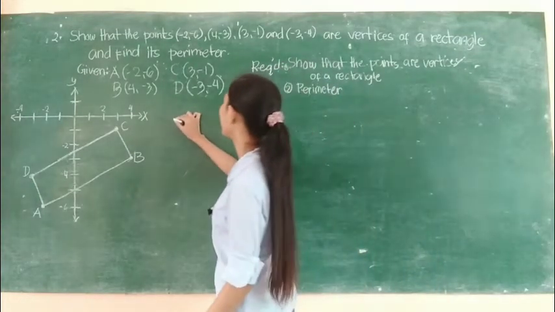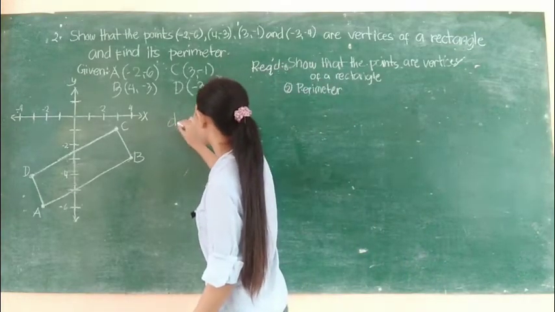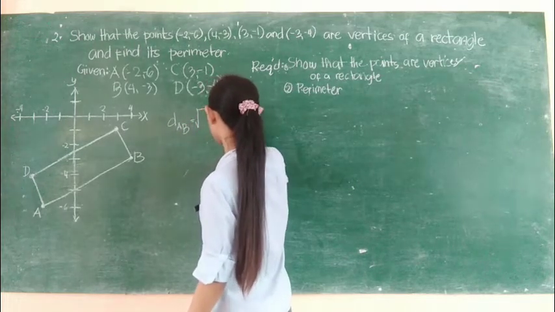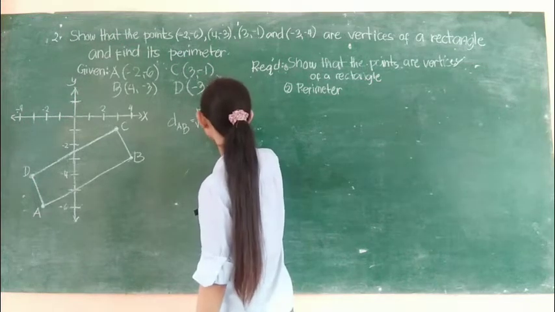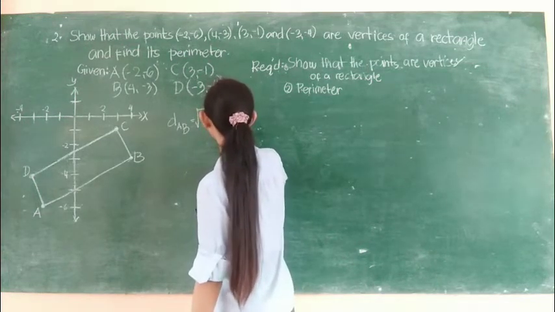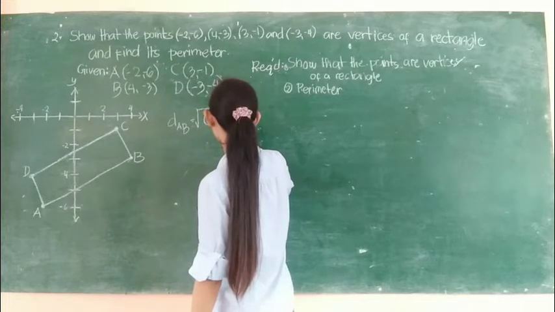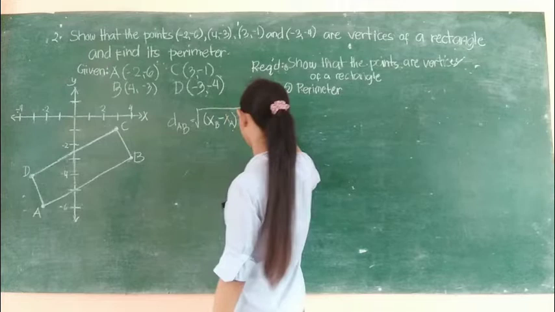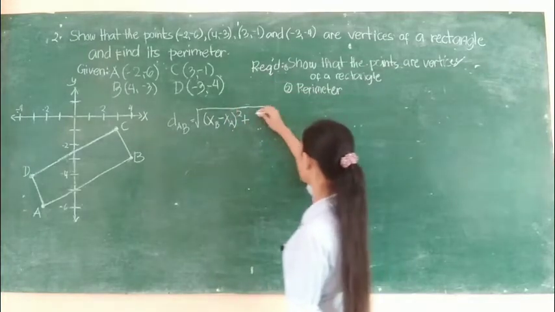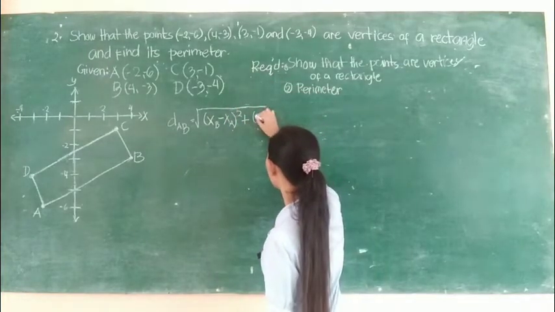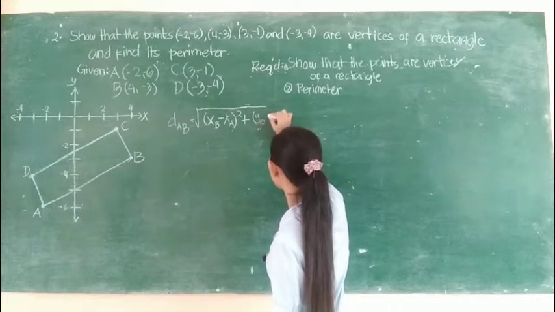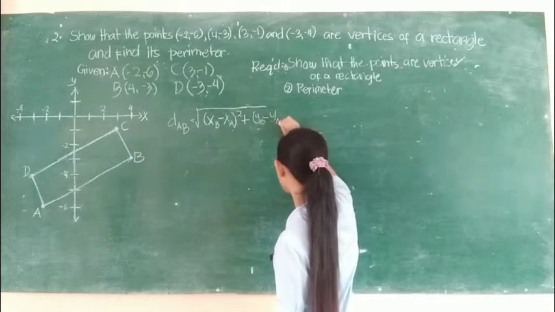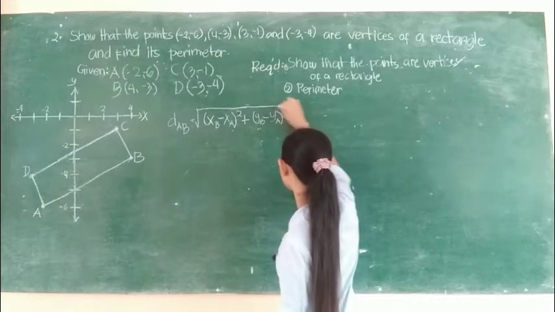So D sub AB is equals to square root of x sub B minus x sub A squared plus y sub B minus y sub A squared.